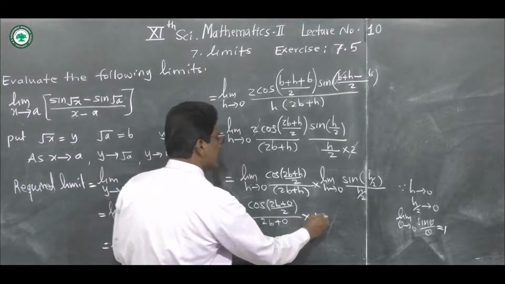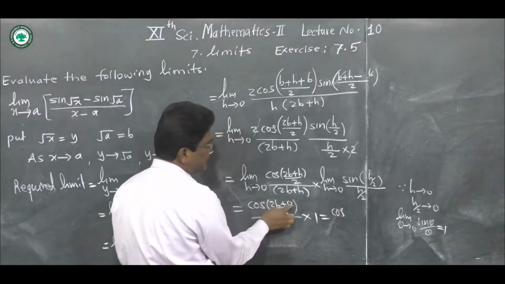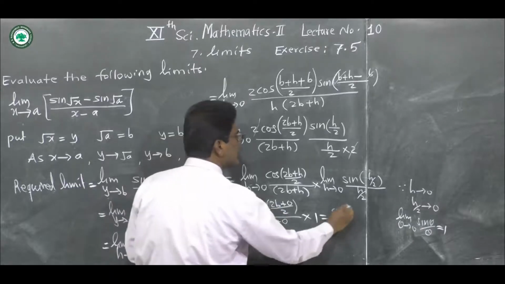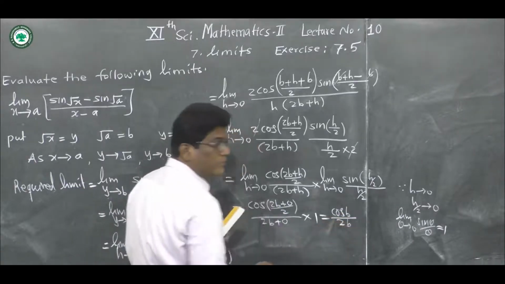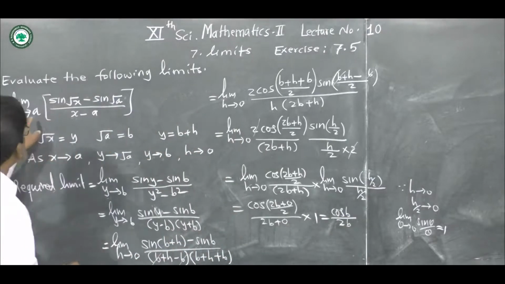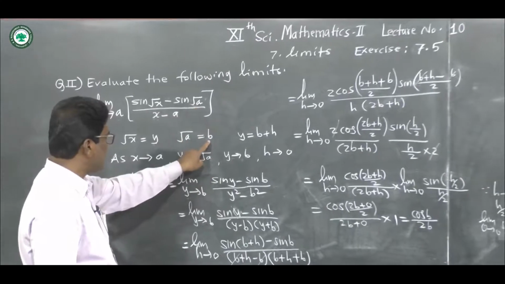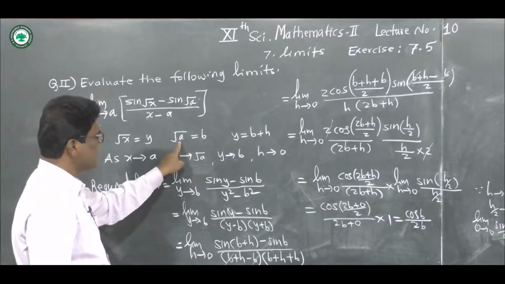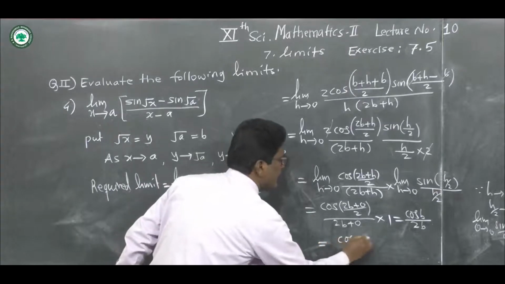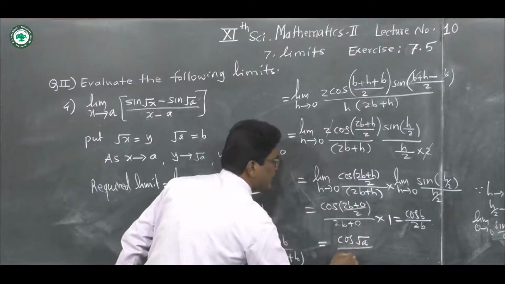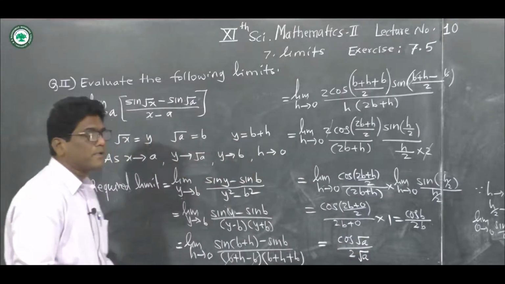And so it is equal to cos of twice b plus 0 means twice b divided by 2. 2 get cancelled, so it is cos of b divided by twice b. But in our main problem, the problem is given in terms of a, so we put the value of b as root a, and so the final solution is cos of root a divided by 2 into root a. This is the solution for this problem.